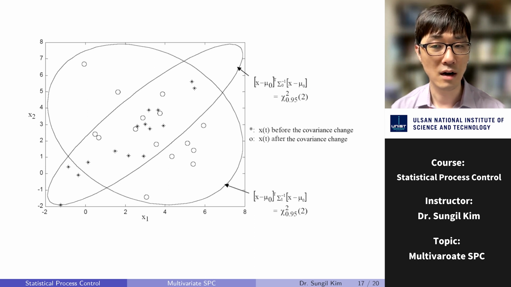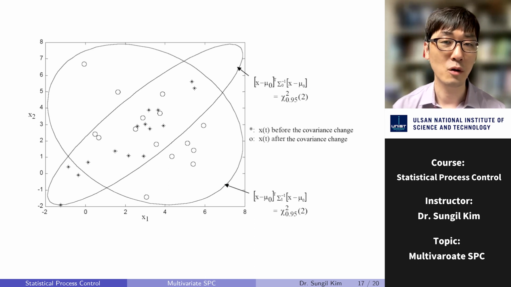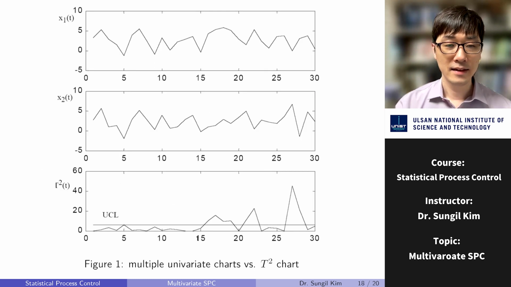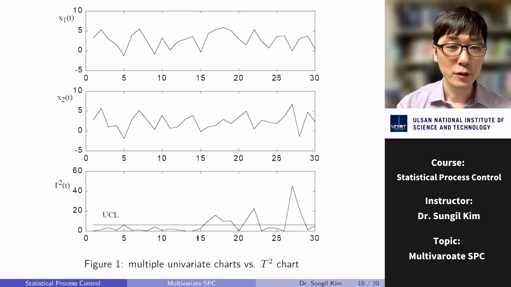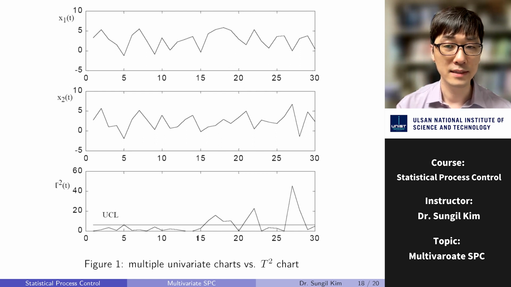Definitely, the T-square chart is able to distinguish the covariance changes. So if you look at the X-bar charts for x1 and x2 and the T-square chart, we can see that the T-square chart successfully gives a signal for the change in the covariance matrix.